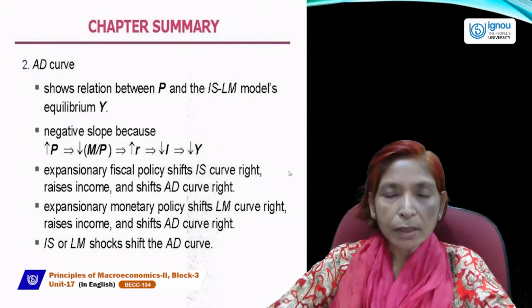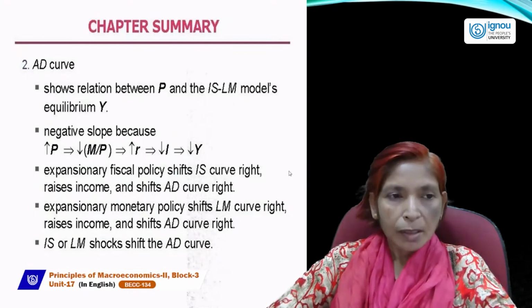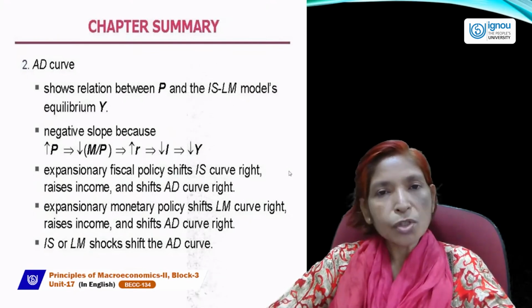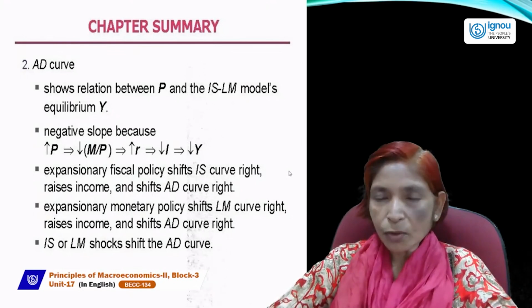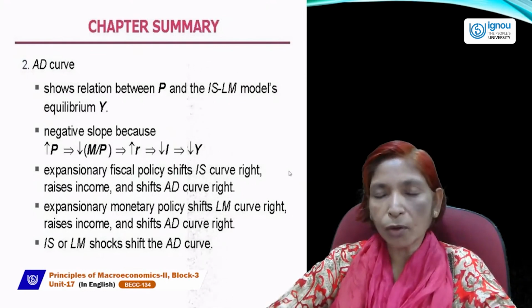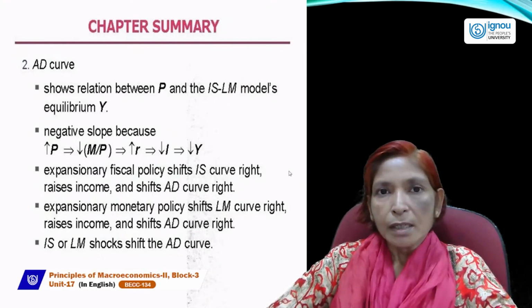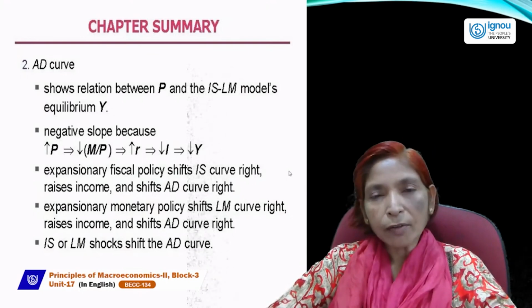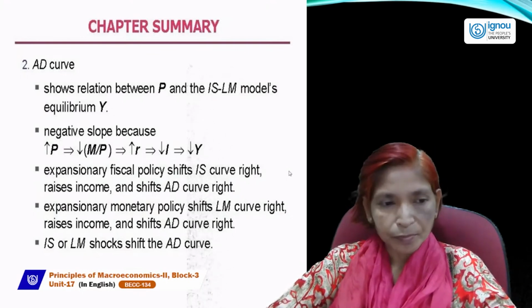This is the modern theory of determination of the rate of interest. The classical theory was introduced by classical economists, which also determines the rate of interest but with the help of loanable fund demand and loanable fund supply. But this modern theory explains how the rate of interest is determined through the analysis of the IS and LM curves.